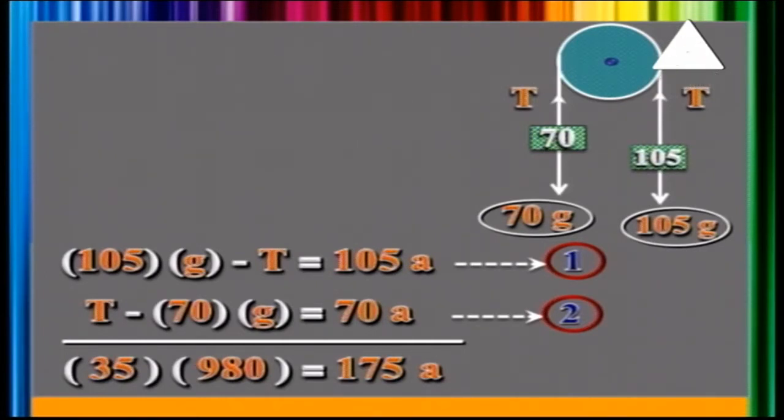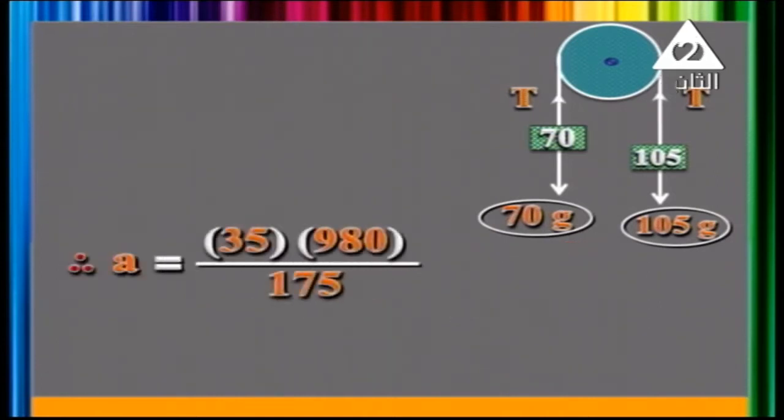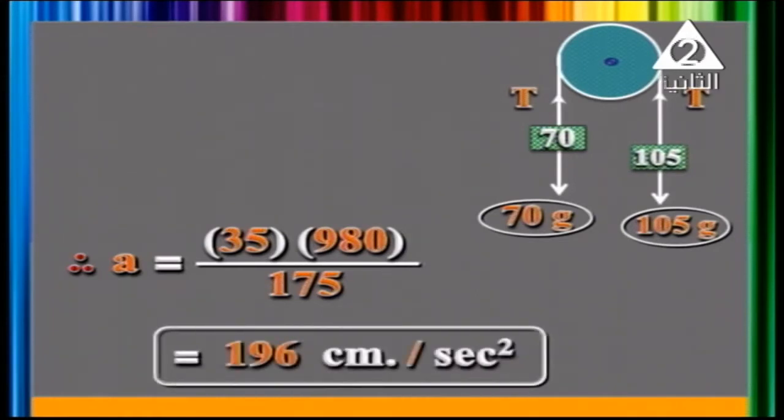By substitution and addition of the two equations, negative T plus T equals 0, and substituting g equals 980 to find the value of acceleration of motion. Therefore, acceleration equals 35 times 980 over 175, answer 196 centimeter per second square. This is the acceleration of motion.